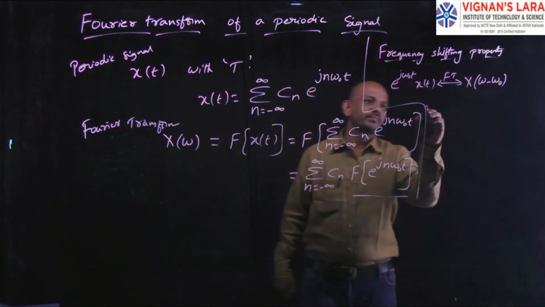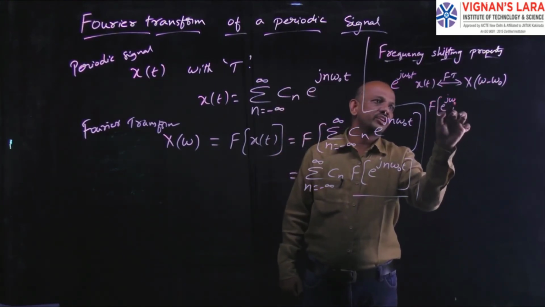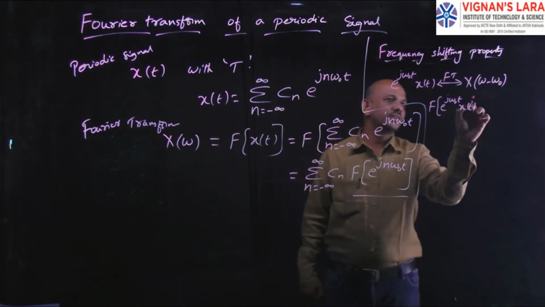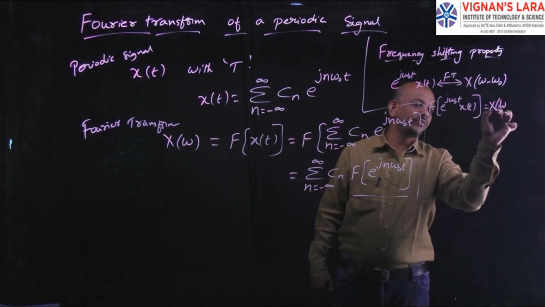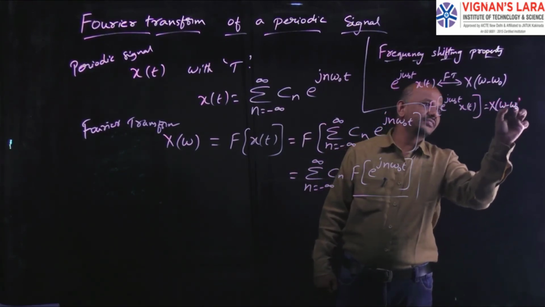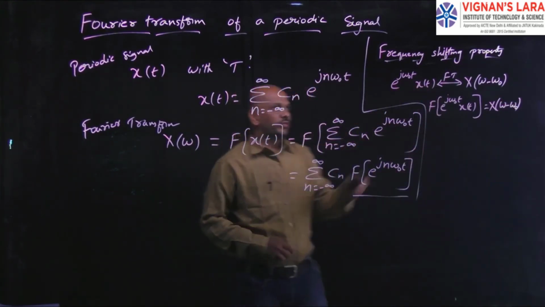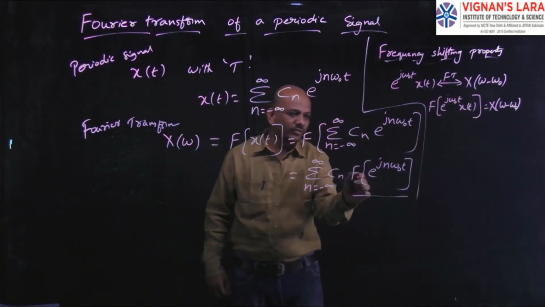Or simply, the Fourier transform of e power j omega naught t into x of t is equal to capital X of omega minus omega naught. Now using this frequency shifting theorem, I will calculate the value of this one.